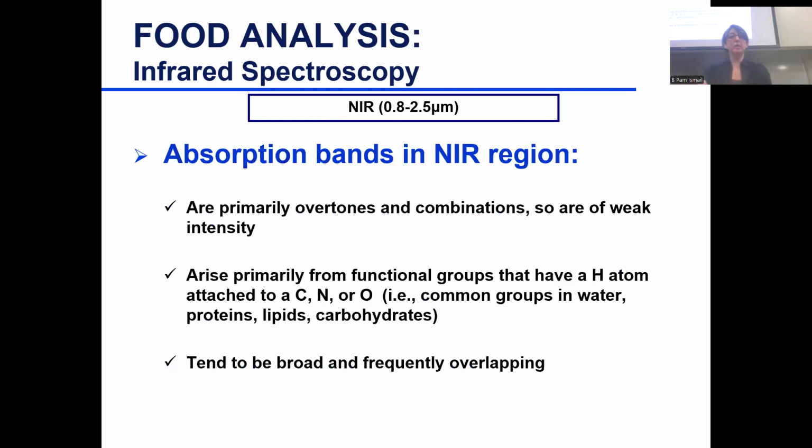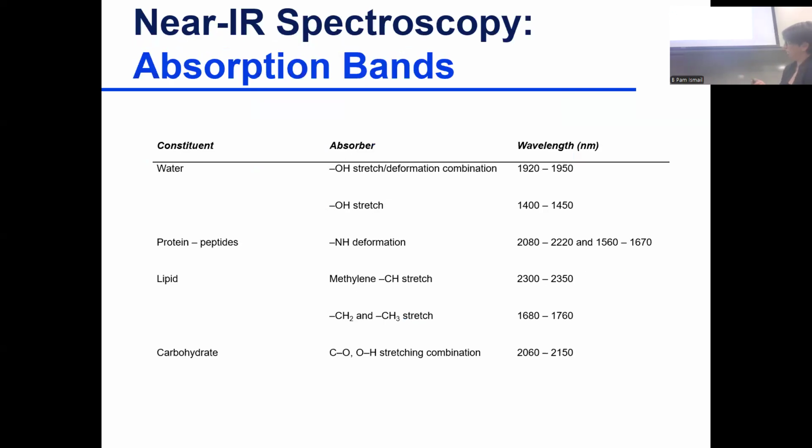So the bands in near IR are not sharp. They're overtones, so like hills. But we know where to look for different functional groups. Whether we're looking at proteins, lipids, or carbohydrates, we look at the vibration of a bond that has a hydrogen and a carbon, nitrogen, or oxygen.